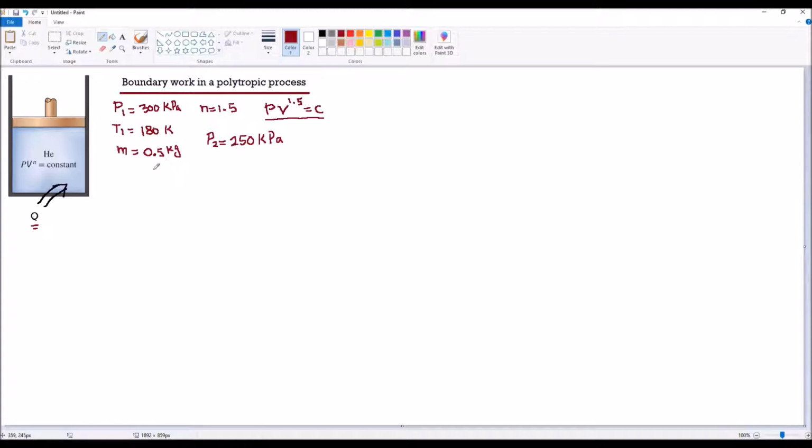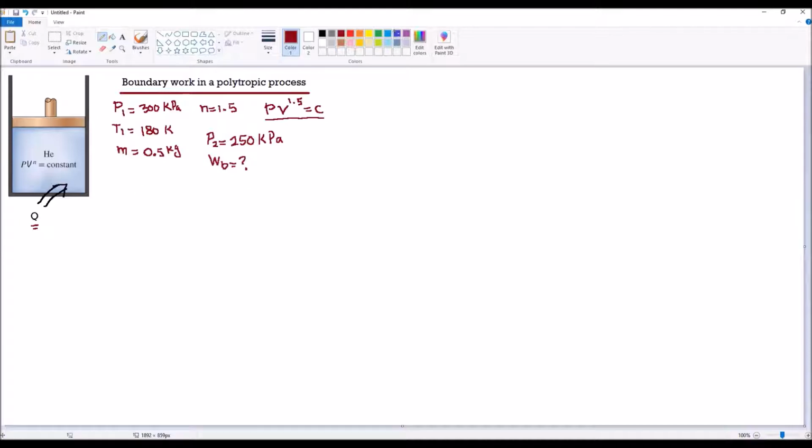The mass of the gas is 0.5 kilograms and the polytropic exponent is 1.5. The process continues until the final pressure is equal to 250 kilopascals, and the question is, what is the amount of boundary work involved in this process?